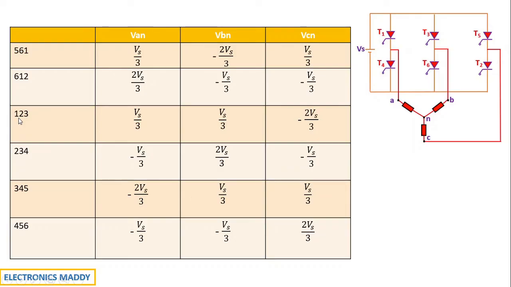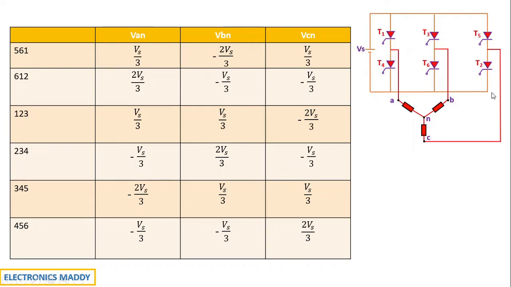Again, we will be doing it for 1, 2, 3. Slowly observe this. 1 is conducting and 2 is conducting, 3 is conducting. 1 and 3 are with respect to A and B, isn't it? So when two thyristors are connected to the same terminal of the battery, the voltage is basically Vs by 3. And since they are connected to the positive terminal of the battery, we will be getting Vs by 3.